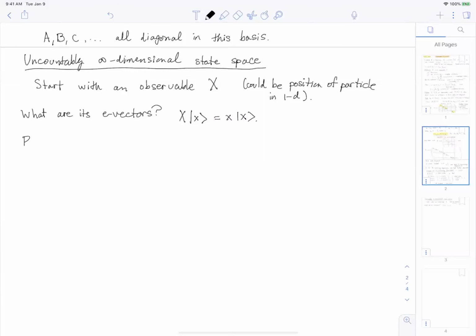Physically what this means is if the state of your system is the ket x, then its position is known to be the number x.